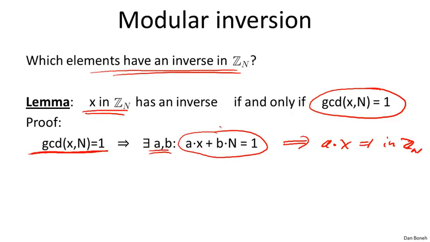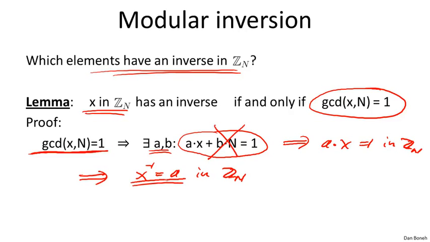Once we reduce this equation modulo n, this term simply falls off because b times n is divisible by n, and therefore is 0 modulo n. But what we just showed is that in fact x inverse is simply a in Zn. So because x is relatively prime to n, we were able to show that x is invertible by actually building the inverse of x modulo n.